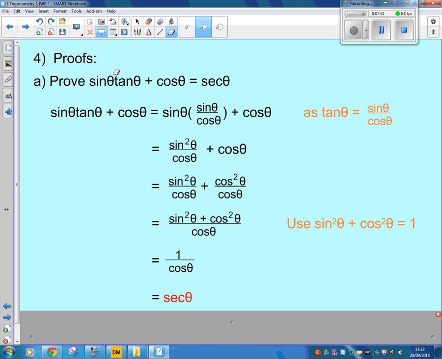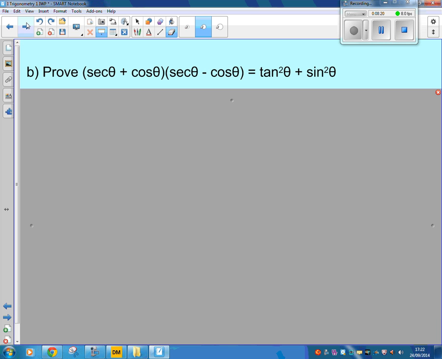So our way through: turn the tan theta into sine over cos, then simplify this, sine squared over cos, get a common denominator, so this stayed the same, multiplying here by cos over cos gives you cos squared over cos, and then combine the numerators and use the rule that you know for sine squared plus cos squared, and then it all comes out. Let's look at another example.